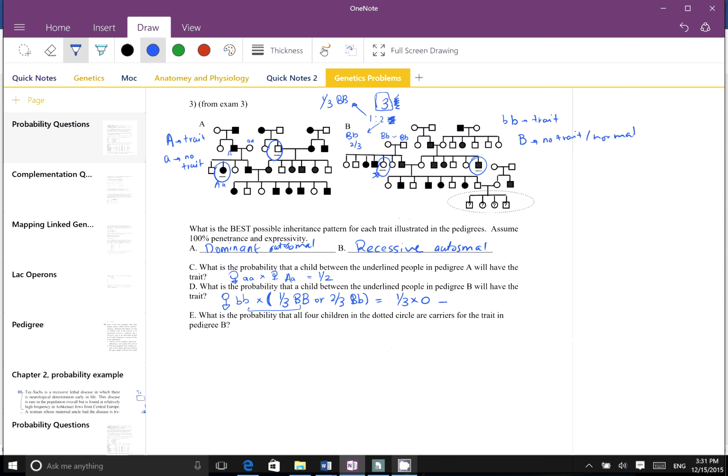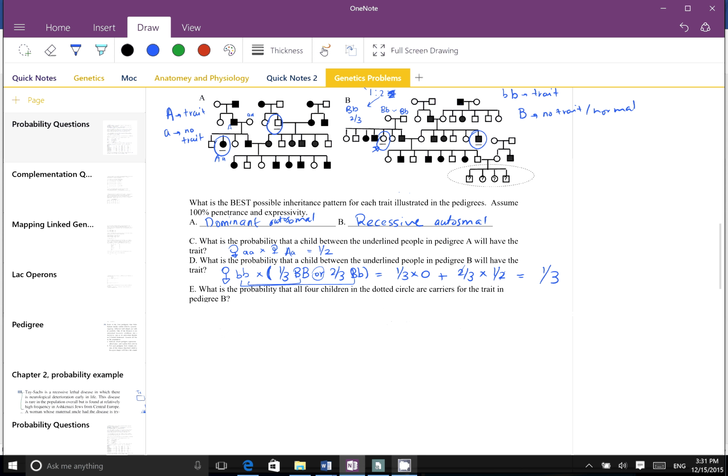You can draw a Punnett square, and then represent an addition. 2/3 times, since the mother here is heterozygote and the father is homozygote, so the probability is 1/2. So the answer is 1/3. So we figured out the answer for their kid having the trait.